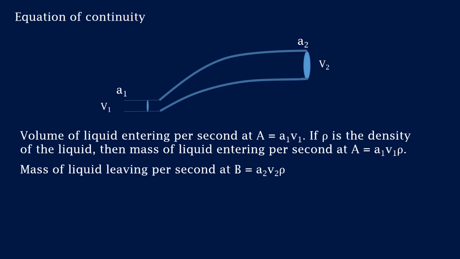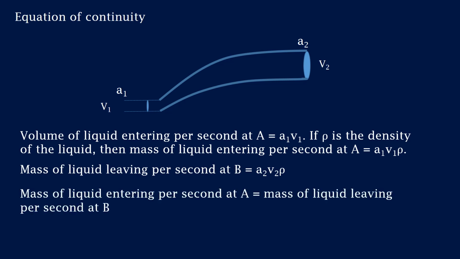If there is no loss of liquid in the tube and the flow is steady, then the mass of liquid entering per second at A equals the mass of liquid leaving per second at B. Mathematically, it can be expressed as A1 V1 ρ equals A2 V2 ρ, or A1 V1 equals A2 V2, that is, AV equals constant.